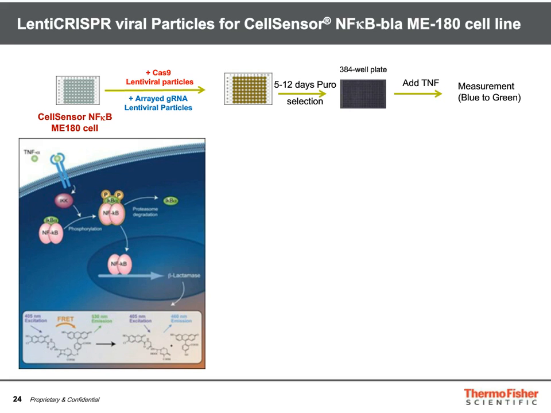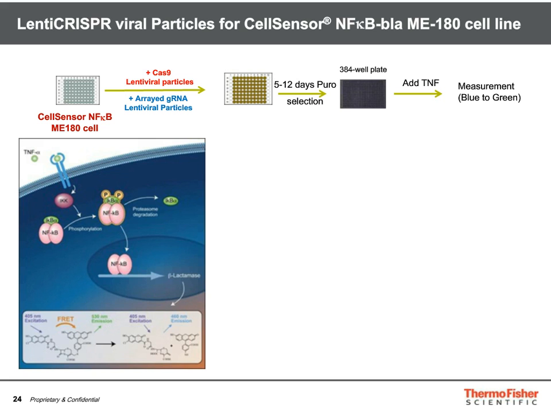The easiest thing to remember is that if the pathway is inactive, the cells are green. If the pathway is activated, we get NF-kappa B expression, and the cells are blue. Upon stimulation of these cells, TNF-alpha binds to the TNF receptor and activates this signaling pathway cascade, which then leads to activation of the cells.